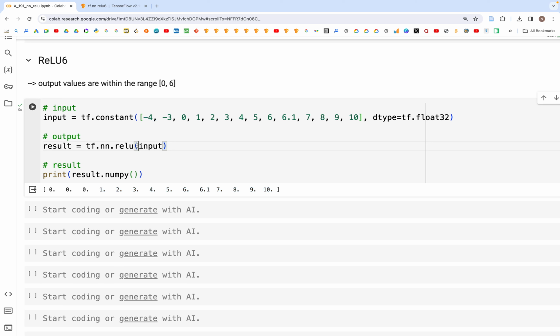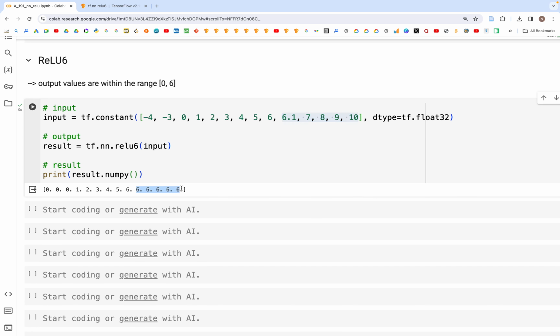In case of relu6, what happens is all the values that are less than 0, that is the negative values, do get converted to zeros, but then the values greater than 6 are converted to 6. So in this example, we have these values 6.1, 7, 8, 9, 10.